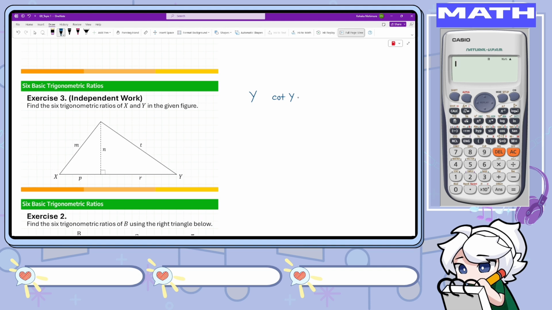If you did compute it for yourself, cotangent, if you remember, it's CAO, so it's adjacent of y over opposite of y. So particularly, if we focus here, the adjacent of y is r, and the opposite of y is n. So it's r over n. There you go.